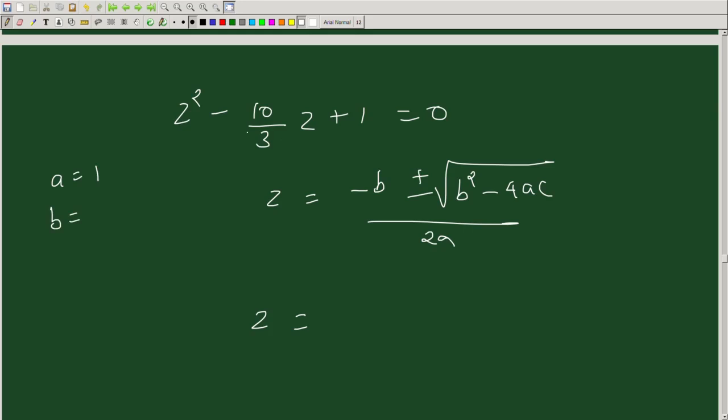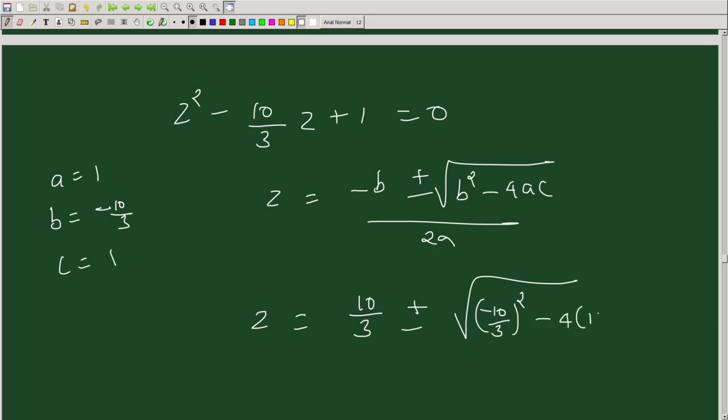The value of b is the coefficient of z, minus 10 by 3. And the value of c is 1. Substitute everything in this equation. So minus into minus, plus 10 by 3 plus or minus square root of minus 10 by 3 the whole square minus 4, where a is 1 and c is 1, the whole divided by 2 times a, which is 1, right?